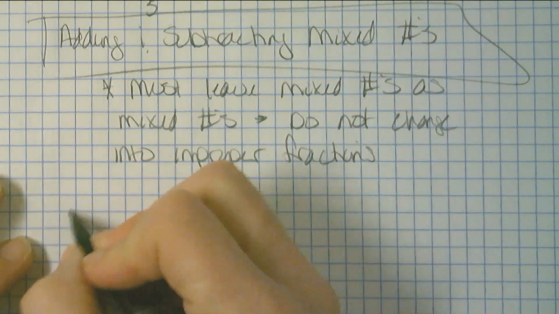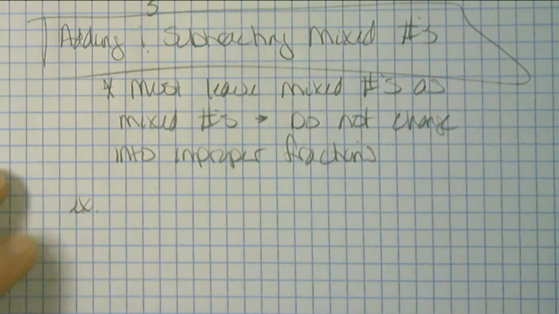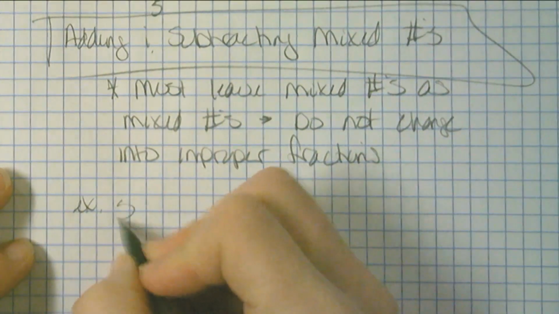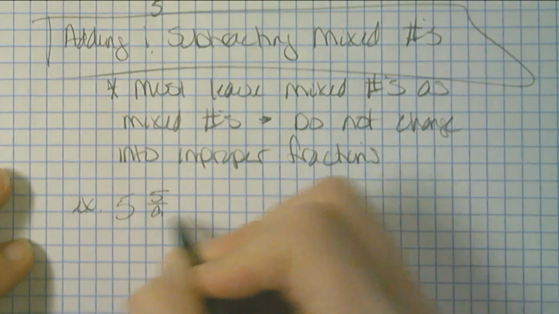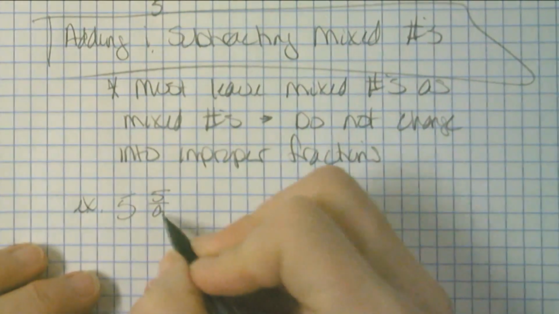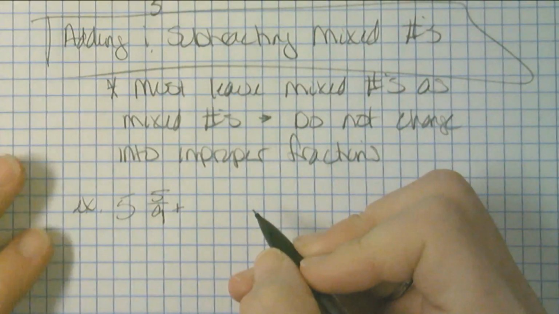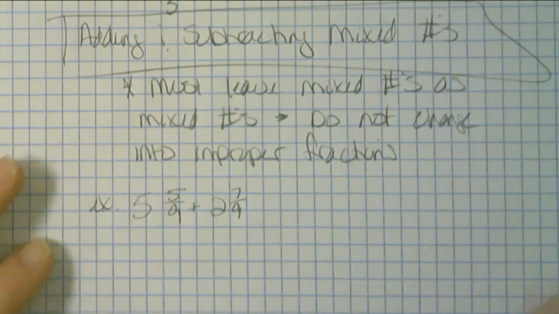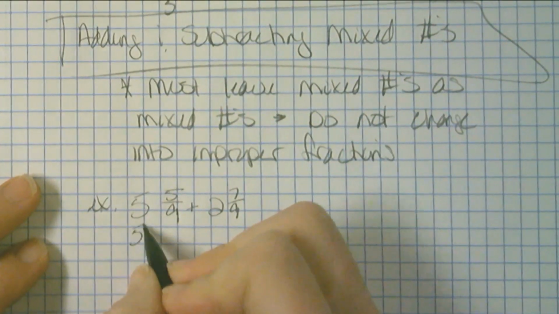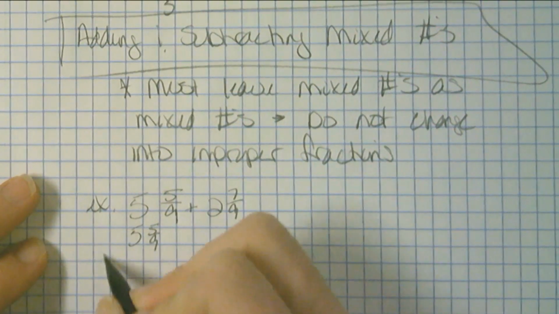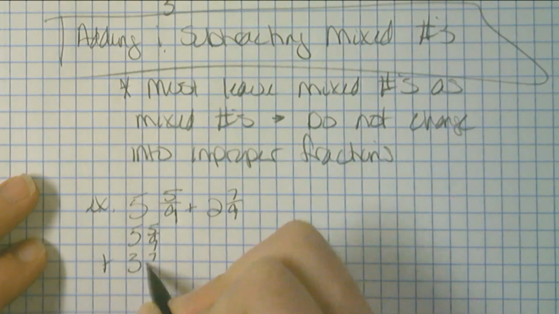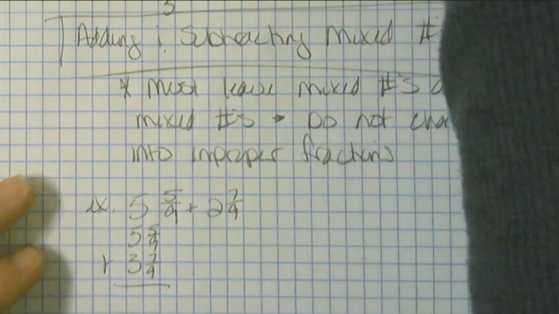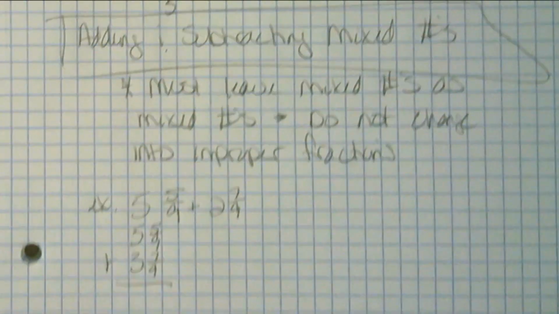All right, so let's just do an example of adding. So let's say I have 5 5/9 plus 2 7/9. All right, what I want you guys doing is I want you to line them up vertically, just as if you were adding 2 and 3 and 4 digit numbers.